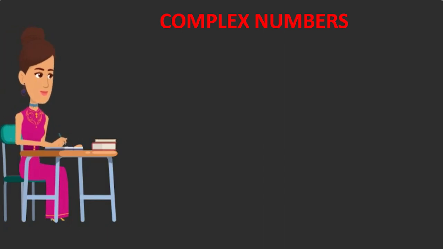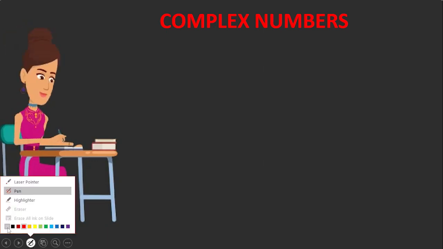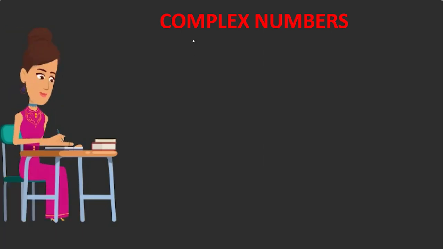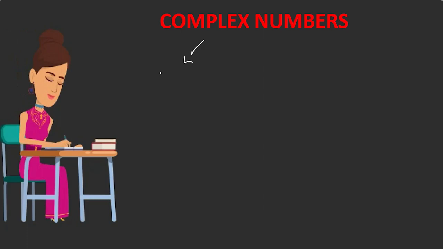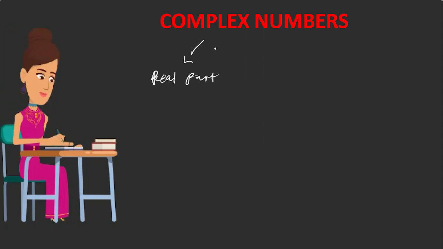Okay, so we'll continue with division of complex numbers. Like we stated in our last lecture class, when we talked about complex numbers, we said that complex numbers have two parts: the real part and also the imaginary part.